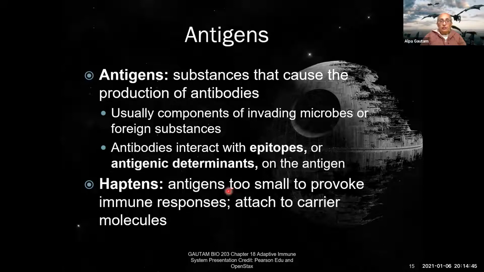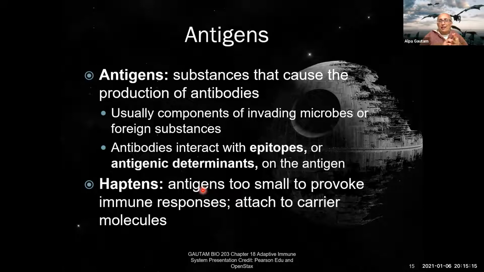Antigens can either be complete antigens, where they cause antibodies to be formed, or they can be hapten antigens. This is where the antigen is, I don't know, too small. Just that, with the shape of the antigen, an antibody can bind to it, but it doesn't really cause an immune response because it's not the right shape.